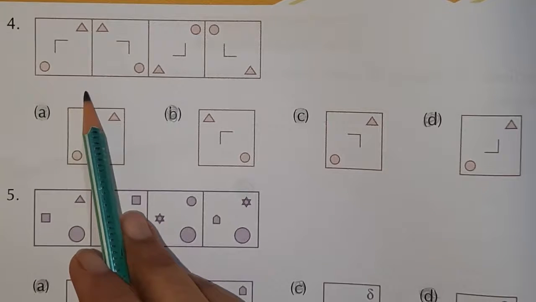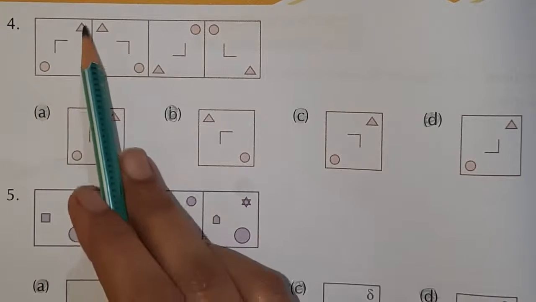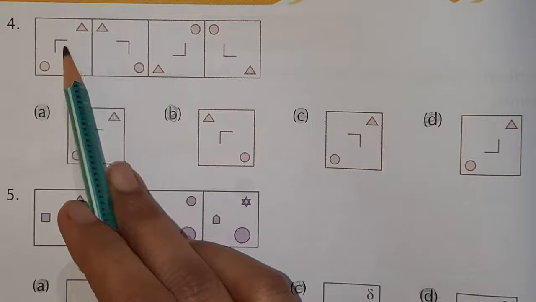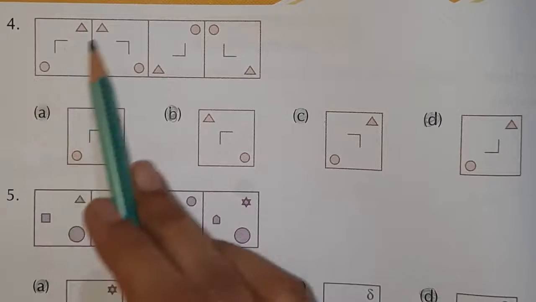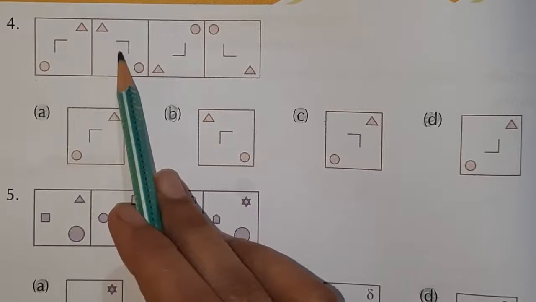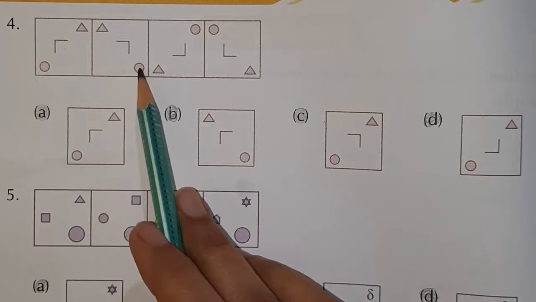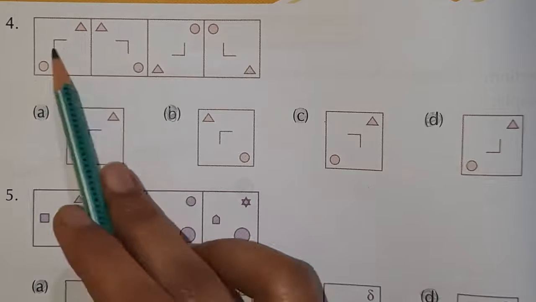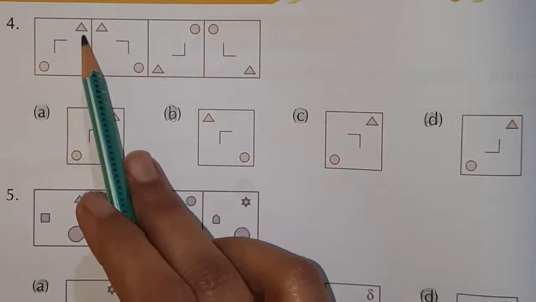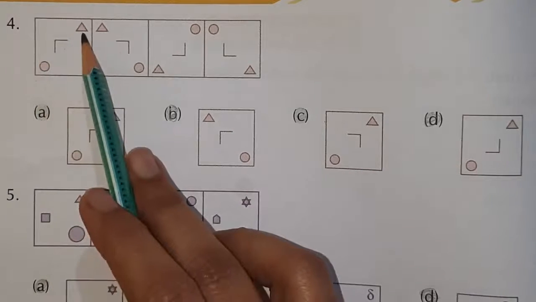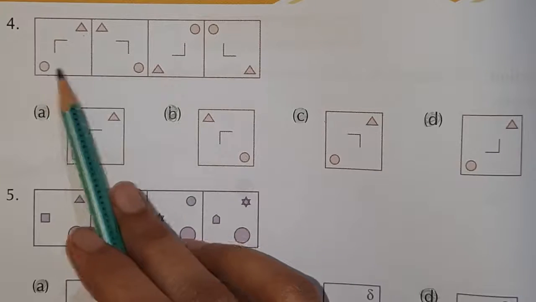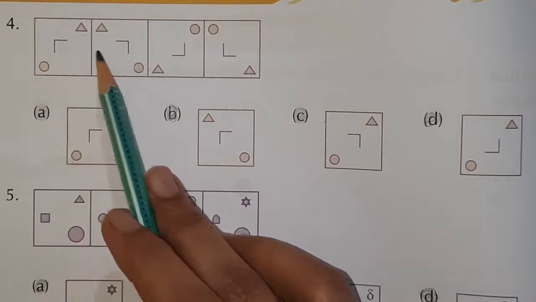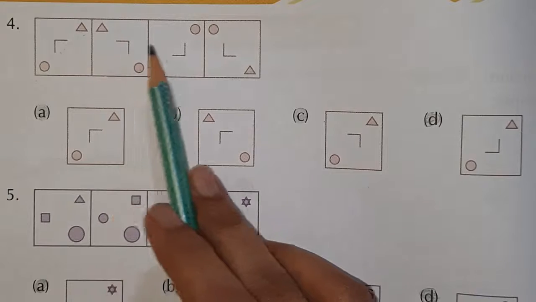This is your next question, question number 4. Here also 3 types of figures are there. In next series, these are at different position. Next series, there is some change again. You can observe clearly that how they are moving, this triangle and the circle, and this figure is also rotating.